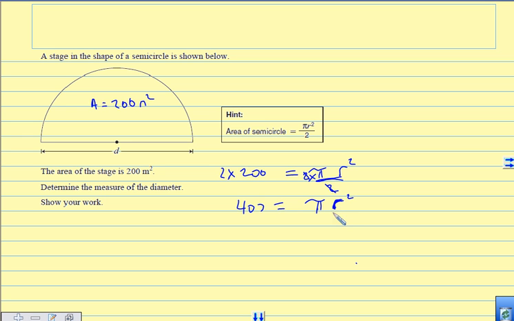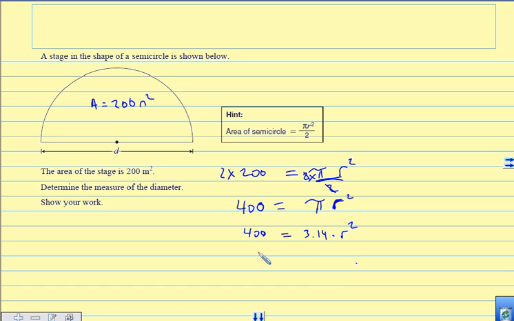And now pi is just a number, it's approximately 3.14. So 400 equals 3.14 times whatever the radius is squared.